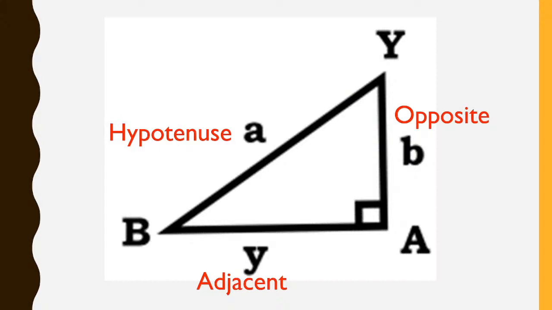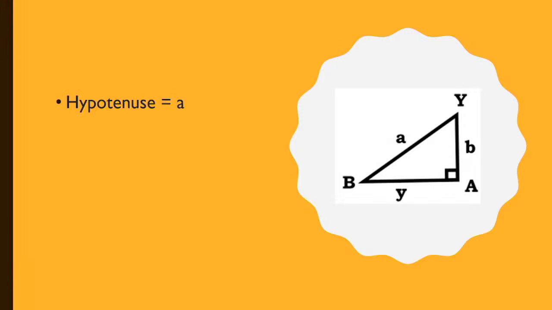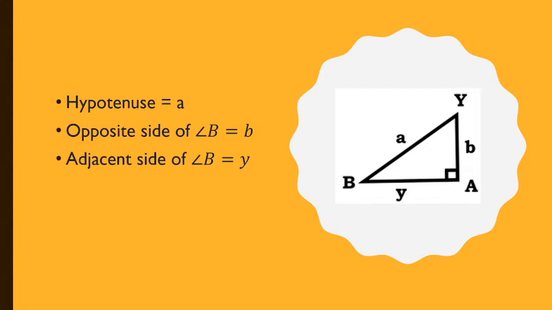Side Y is adjacent to angle B. From what we know, we can determine the 6 trigonometric ratios. Hypotenuse is A. Opposite side of angle B is B. And the adjacent side of angle B is Y.